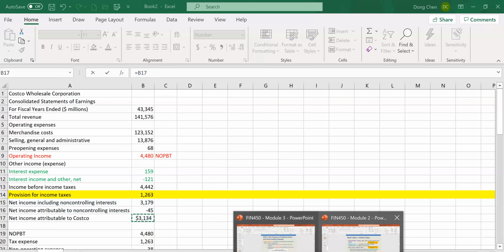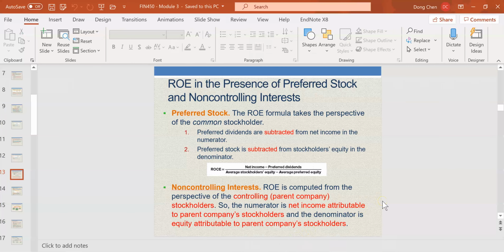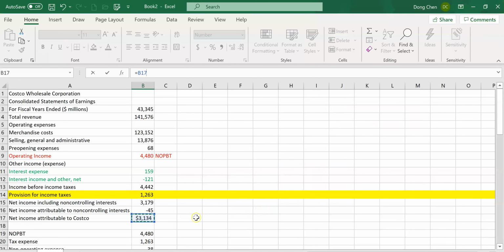You can also find that particular note in the PowerPoint lecture slides. When we deal with non-controlling interest and want to calculate the ROE, we generally calculate it from the parent company's perspective, so we don't include the non-controlling interest. In that regard, we should use the net income attributable to Costco only.